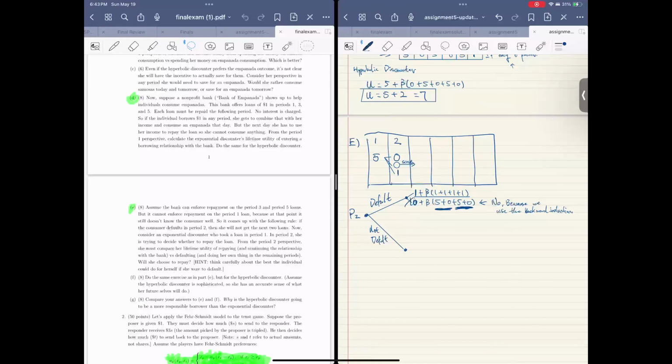If this person defaults. So if not default, what will happen? What's the utility look like?